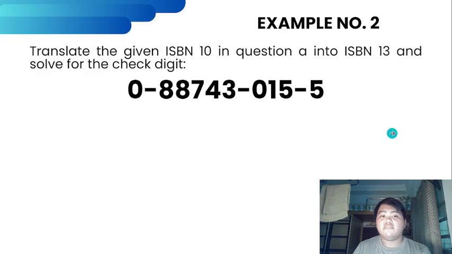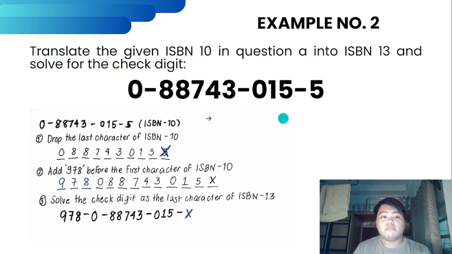For the second example, let's translate the given ISBN 10 in the question to ISBN 13 and solve for the check digit. The first step is to drop the last character of the ISBN 10, which is the check digit 5. So we cancel it from the ISBN 10.